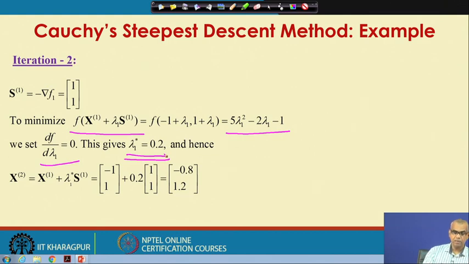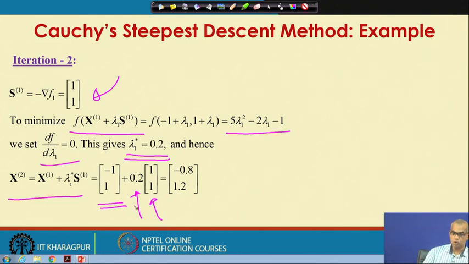Once I have that, I can update x 2 equal to x 1 plus lambda 1 star into S 1. Put x 1 which is minus 1 1, lambda 1 star as 0.2, and S 1 as 1 1.